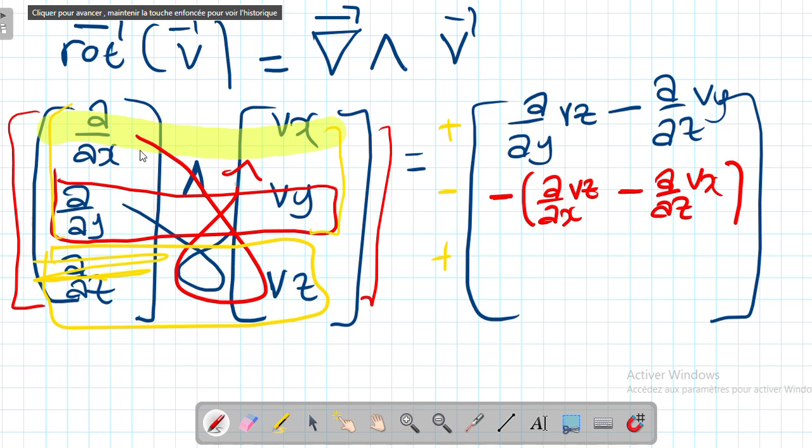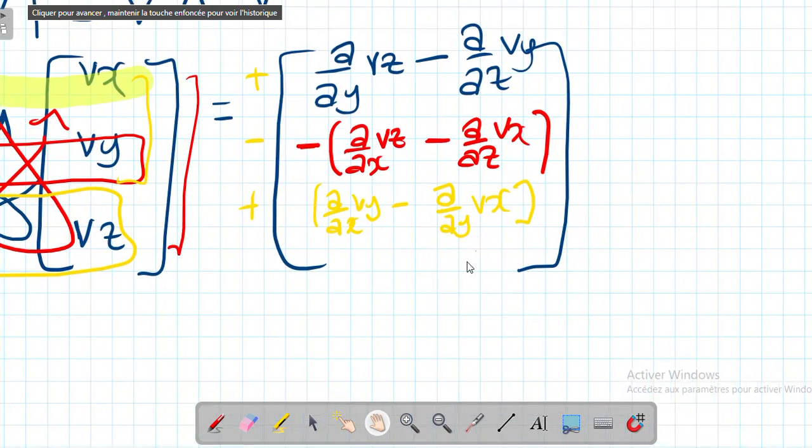You carry out the determinant here. It's plus, so you don't need to add the negative. So you're going to have del over del x vy minus del over del y vx. This is how you find it.